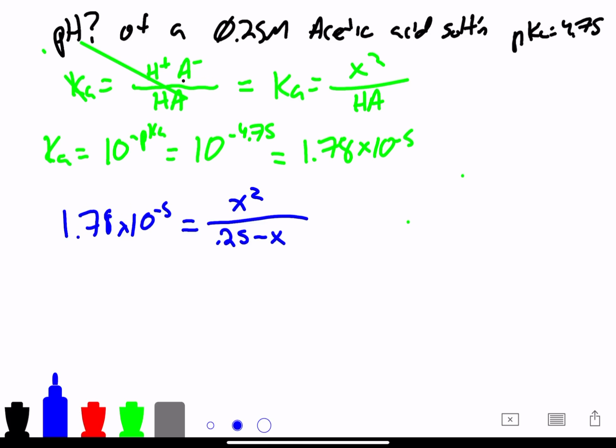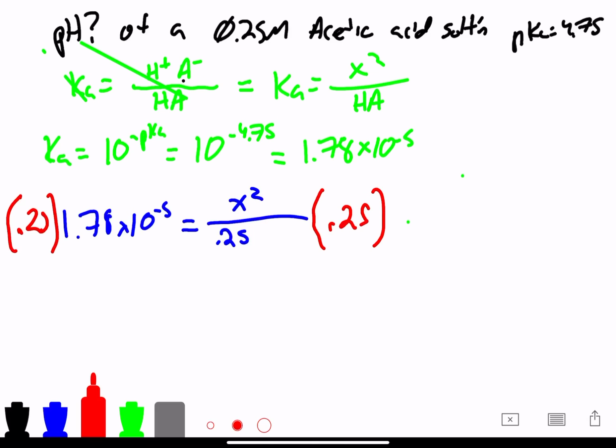It's 1.78 times 10 to the negative 5th. So it's almost 10 times smaller. So we can ignore this minus x here, and what that does is that prevents us from having to solve the quadratic. So now the next step here is going to be just to multiply both sides by 0.25.